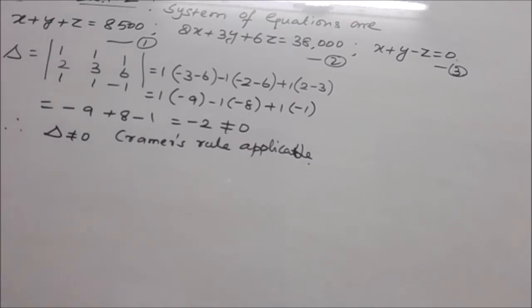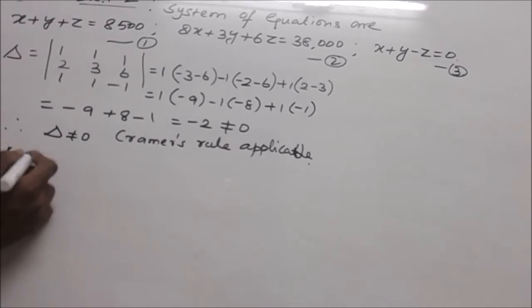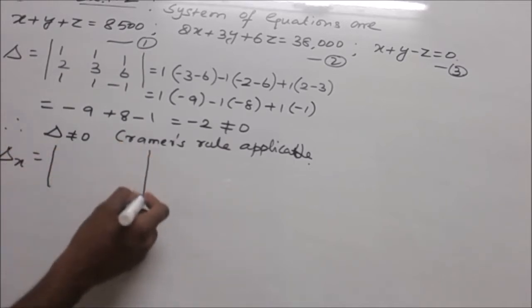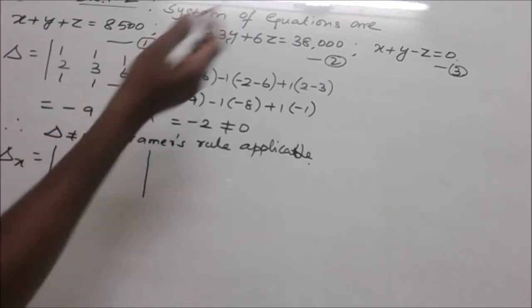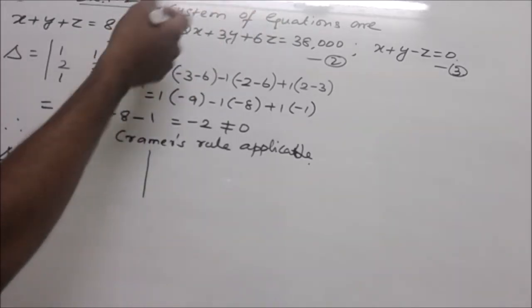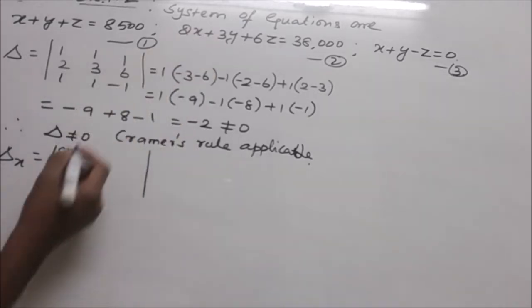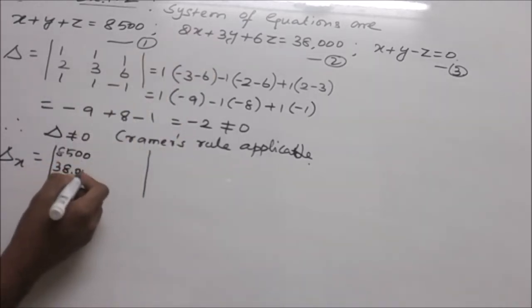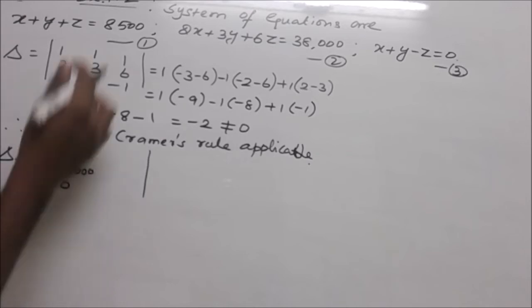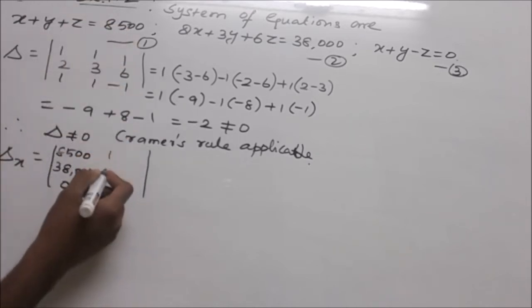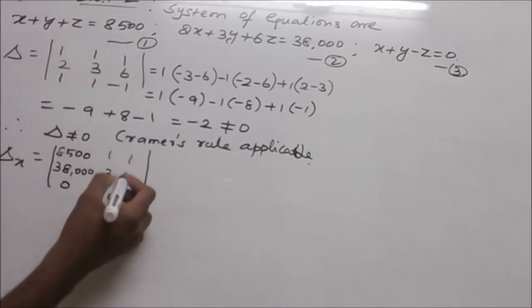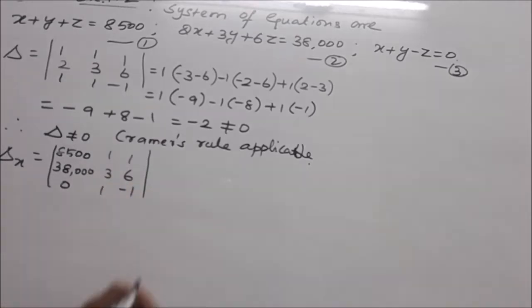Okay, now we are moving to delta x. To find delta x, replace the coefficients of x by the constant values 8,500, 38,000 and 0. The remaining two columns appear as they are in the first determinant: 1, 6, minus 1.